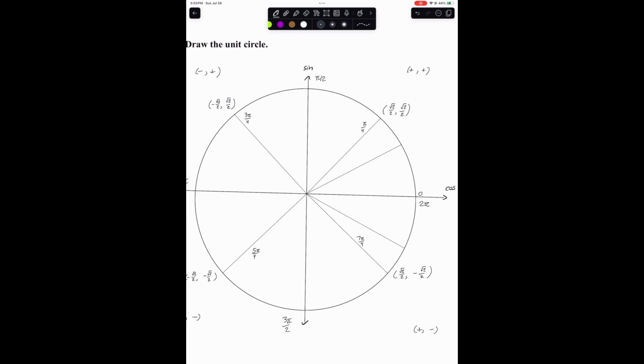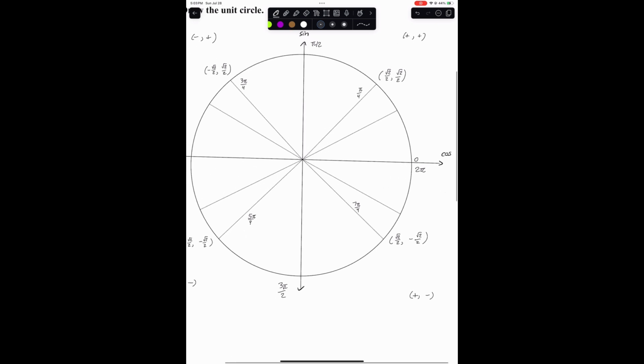It's like around here. Say there, and then around to here. Okay. Notice that we have this bow tie effect, that these angles are the same distance away from the x-axis.